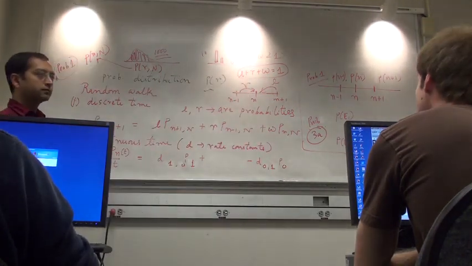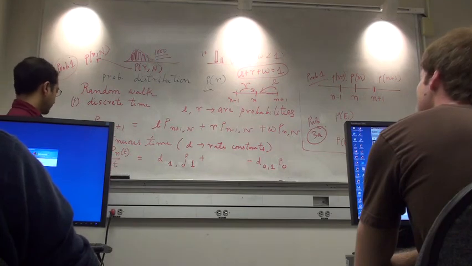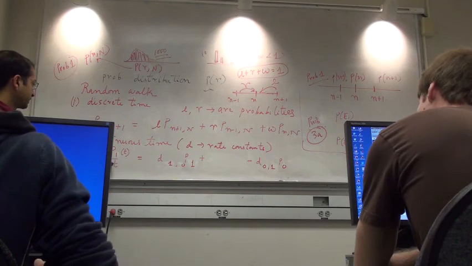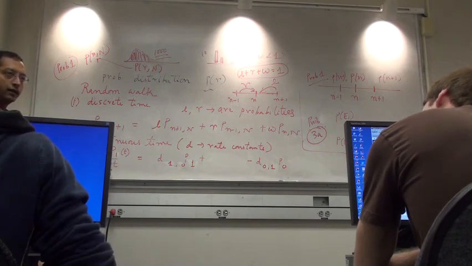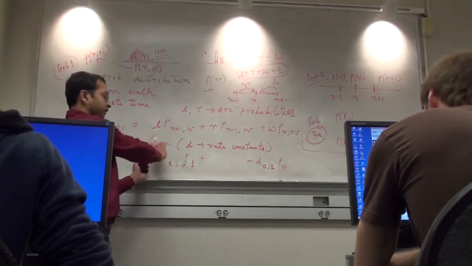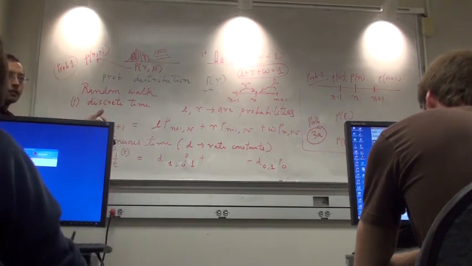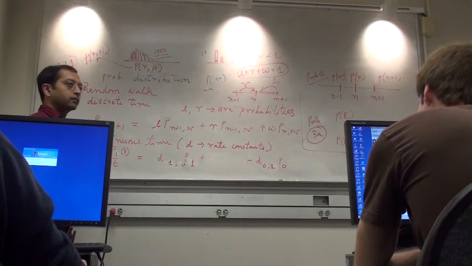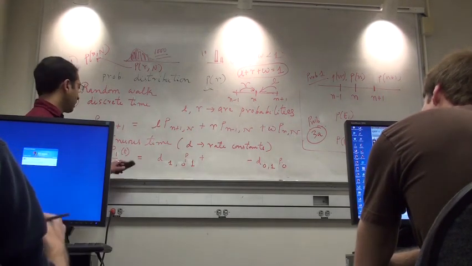But we want to solve it for P. So now you have an equation in P1, and you have the same equation in P0, except the signs will be flipped. But in this question, what we're trying to do is solve for P1 as a function of T. Now how do you solve it?